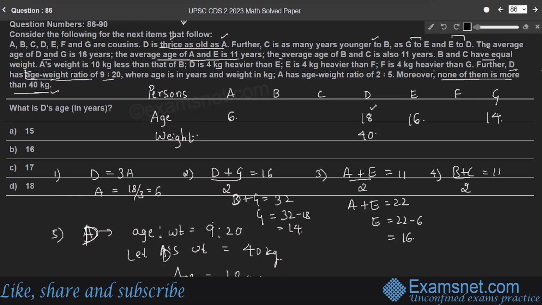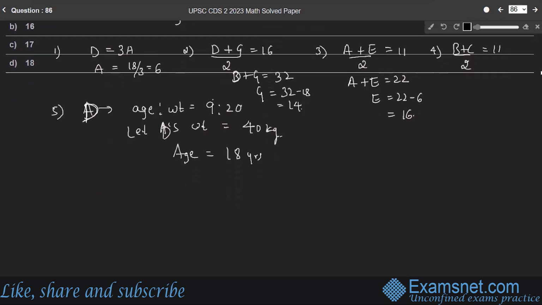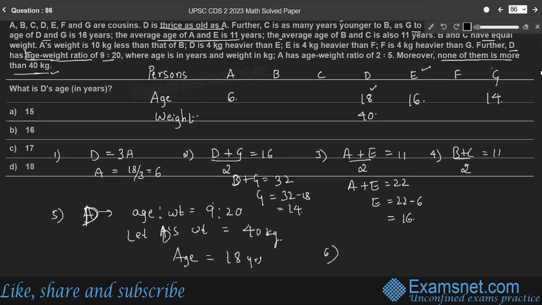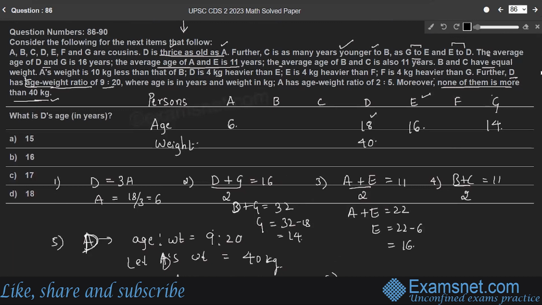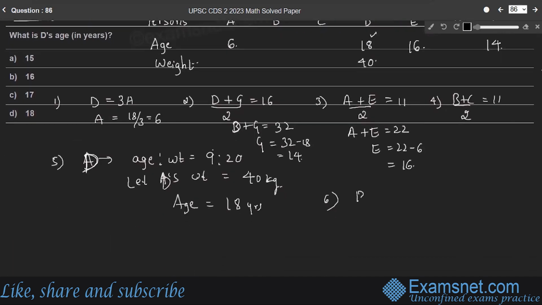Now, average age of B and C. So B and C's age we don't know, right? Now it is given that C is as many years younger to B as G to E. So age differences, we'll consider this point, 6th point. B is older.